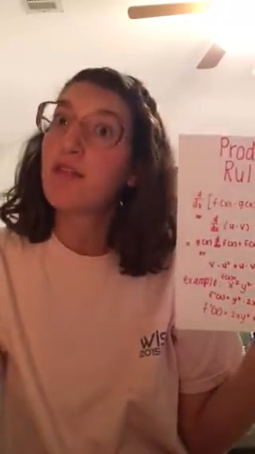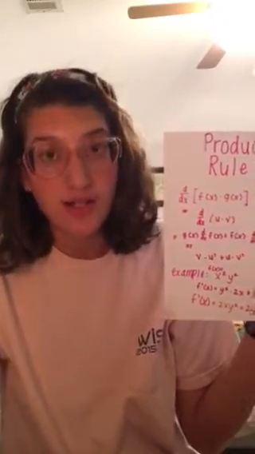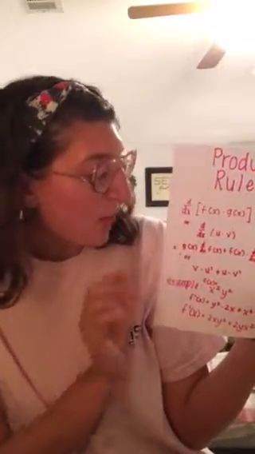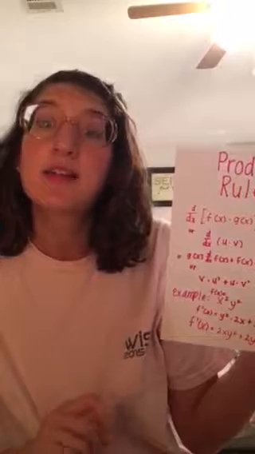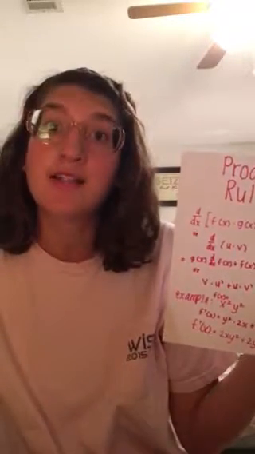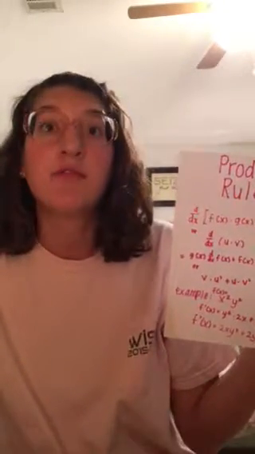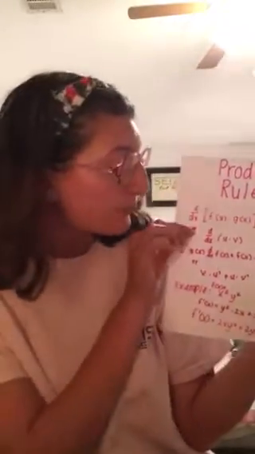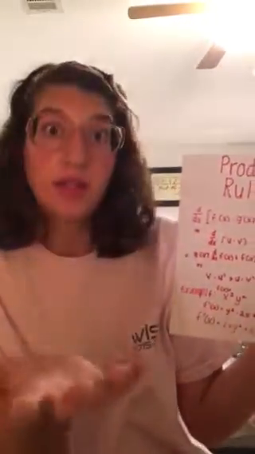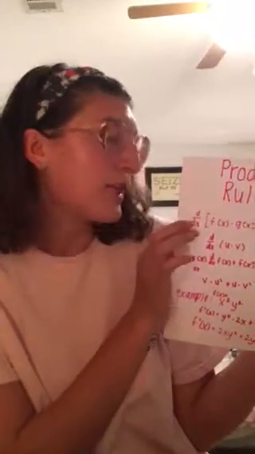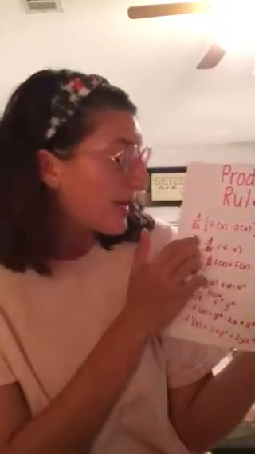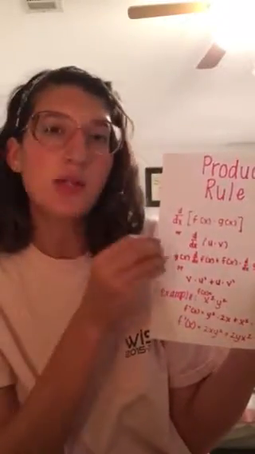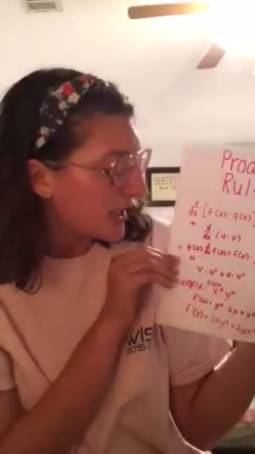So if we had function f of x times function g of x, you would solve it by multiplying g of x times the derivative of f of x and adding that to f of x times the derivative of g of x. This can be denoted as d over dx of f of x times g of x, or d over dx of u times v.